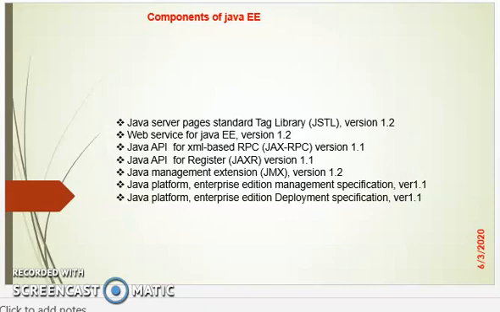Let's look at Enterprise JavaBeans EJB 3.0, JavaServer Faces, JSP, Java Servlet 2.5, JavaServer Pages Standard Tag Library JSTL, web services, and the Java API for registries.